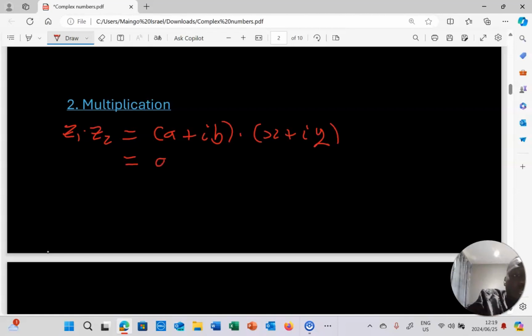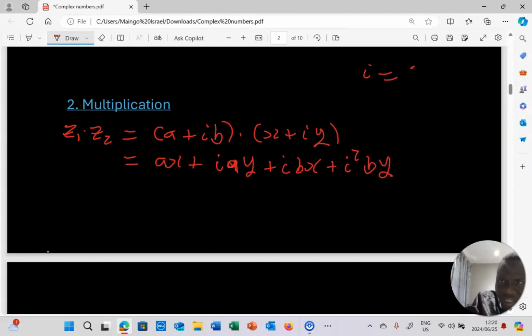So this will be ax, this one times this one, ax, then plus iay, then plus ibx, then plus i squared by.